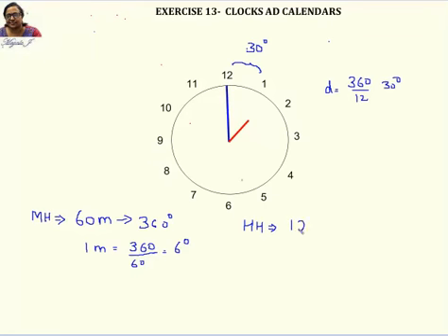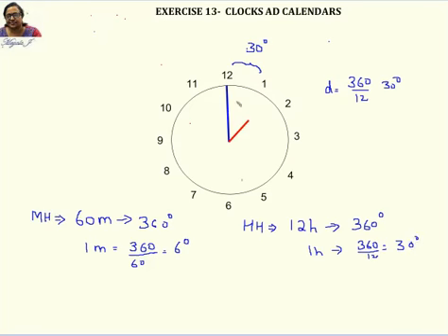Good. Right? And what's the total angle covered? 360 degree. Like the minute hand, here also it is going to cover 360 degree. So 1 hour, how much is it going to cover? 360 divided by 12, which is nothing but 30 degree.